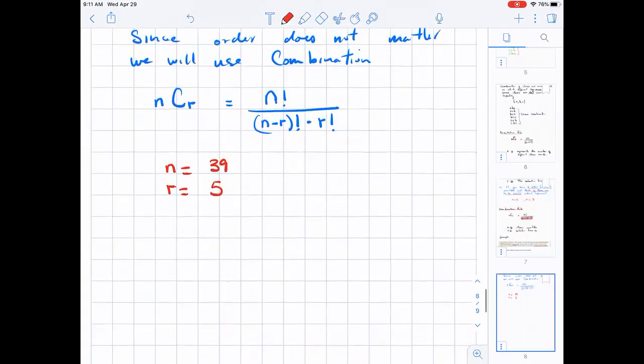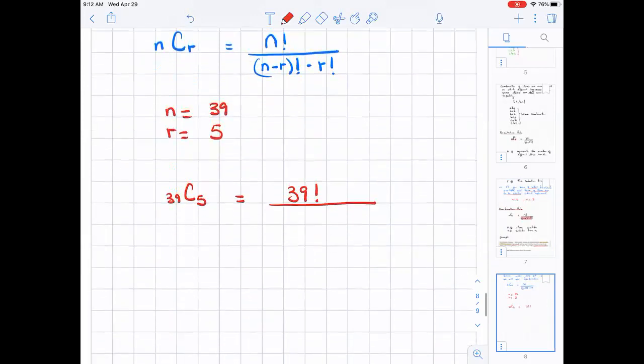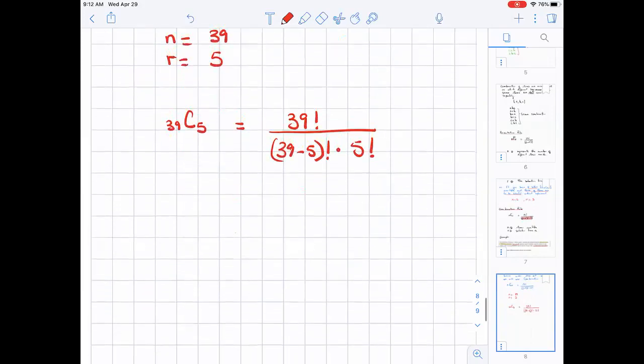So the way we write it is 39 choose 5 is equal to 39 factorial over 39 minus 5 factorial times 5 factorial. Now these numbers are large, so you will need a calculator.